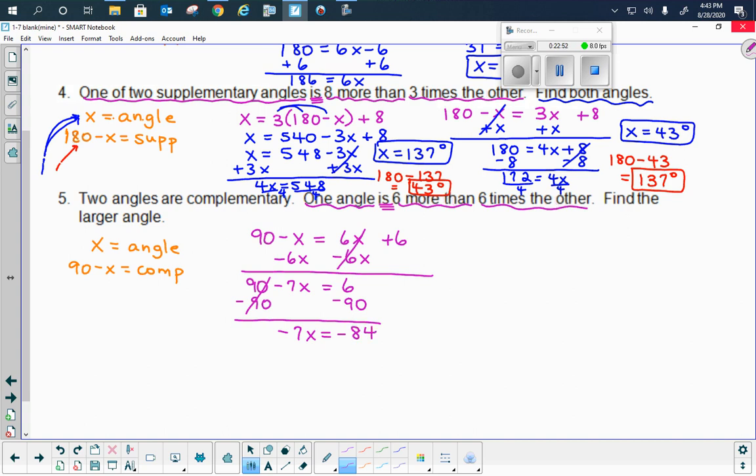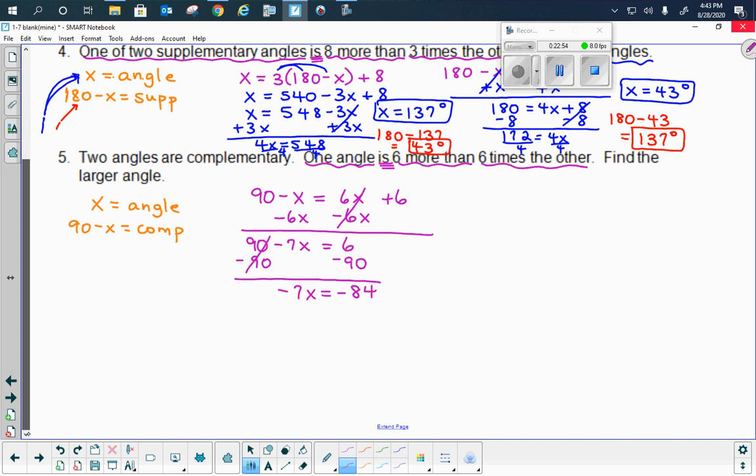And then getting the x alone, we would be dividing by negative 7. Negative 7s will cancel, so we get x equals negative divided by negative is positive, and 84 divided by 7 is 12. Stop and hesitate.